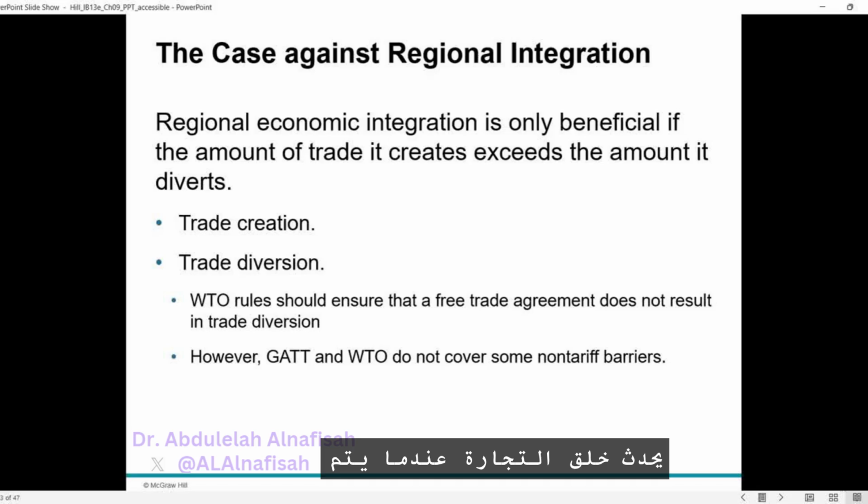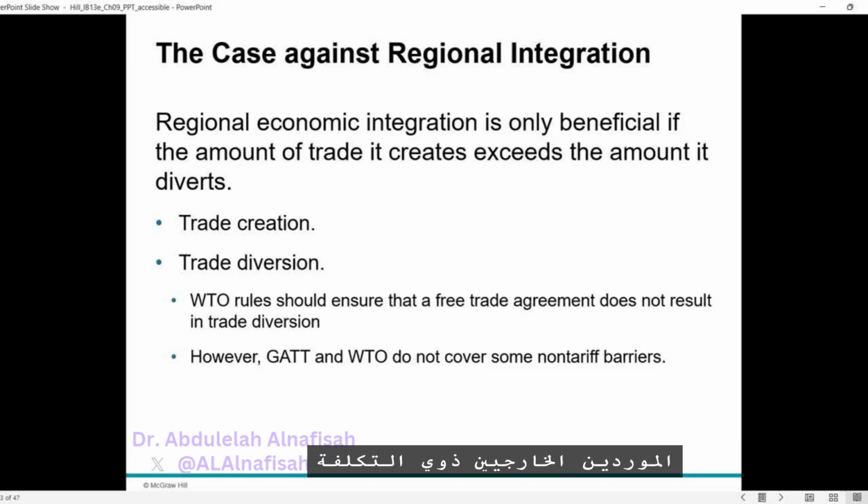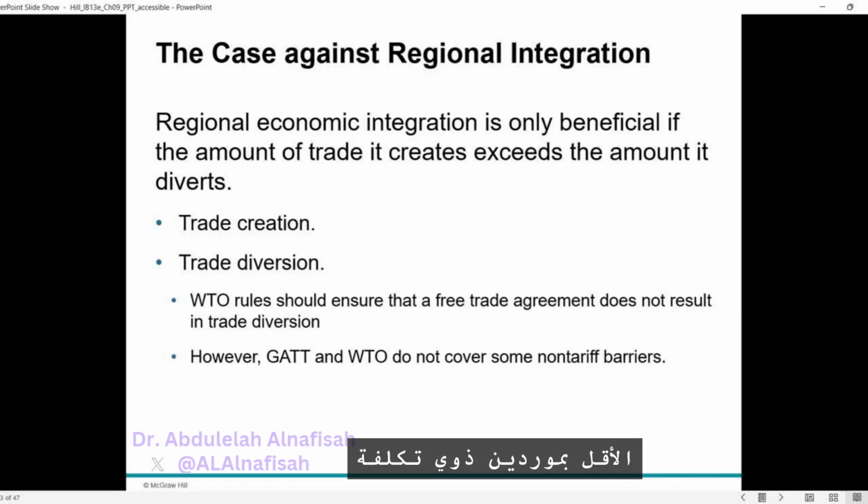Trade creation occurs when high-cost domestic producers are replaced by lower-cost producers within the free trade area, while trade diversion happens when lower-cost external suppliers are replaced by higher-cost suppliers within the area. For regional integration to benefit the global economy, the increase in trade within the area must exceed any decrease in trade with the rest of the world.